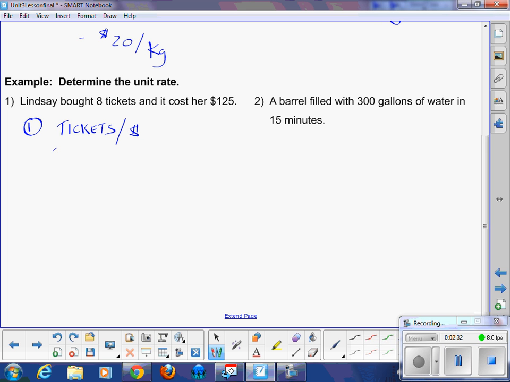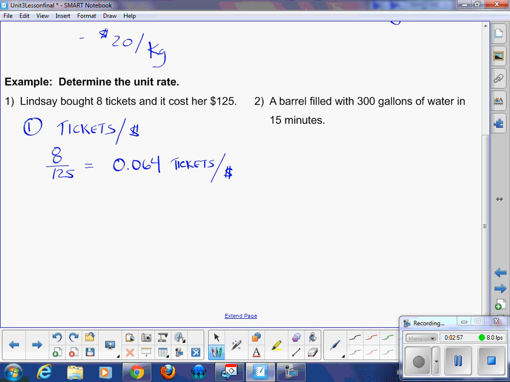And if that was the case, I would do 8 over 125. You want to divide 8 over 125. So you get 0.064 tickets per dollar. Now that one really doesn't make a whole lot of sense, okay?